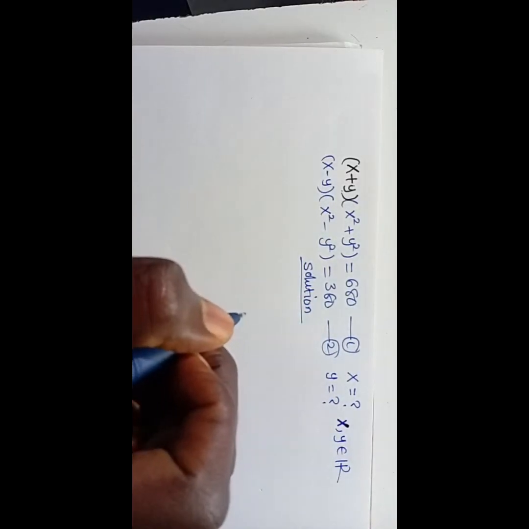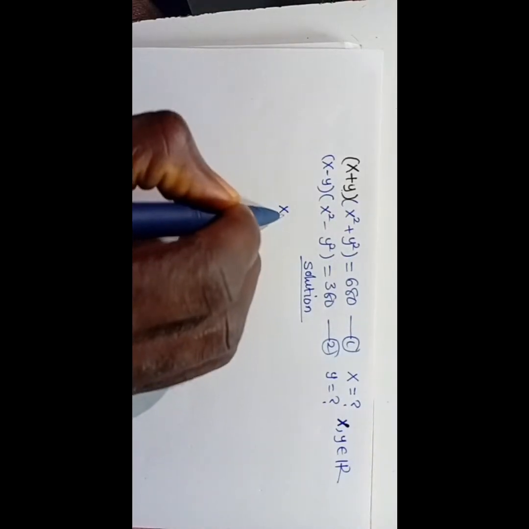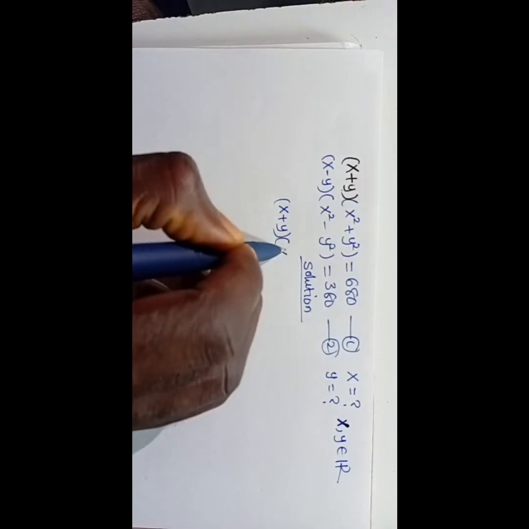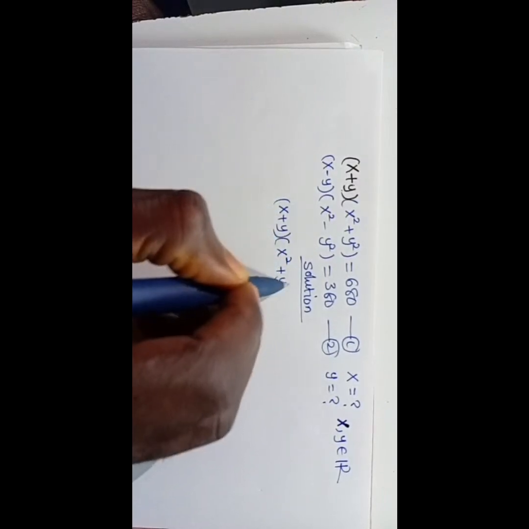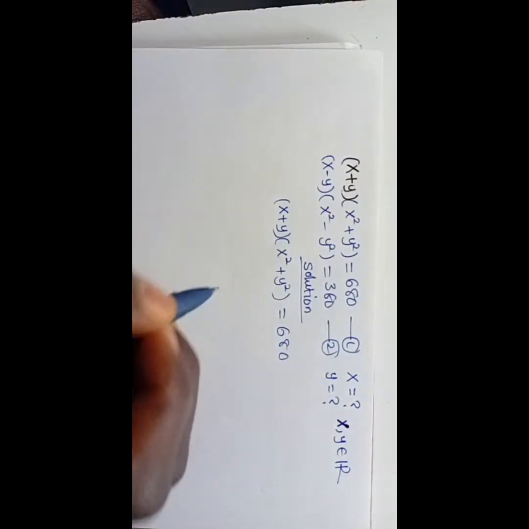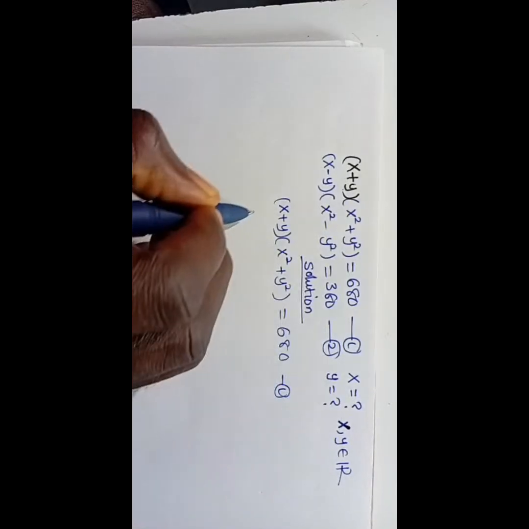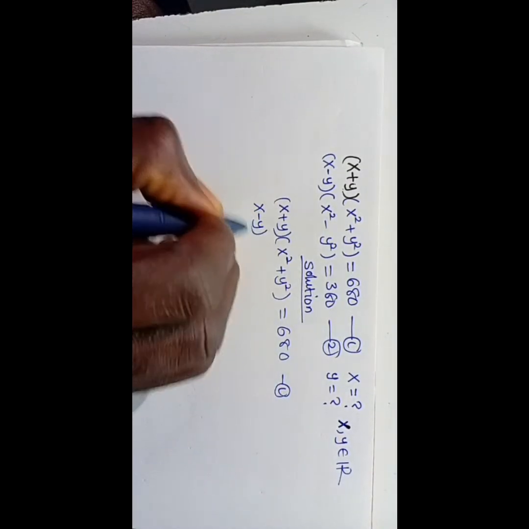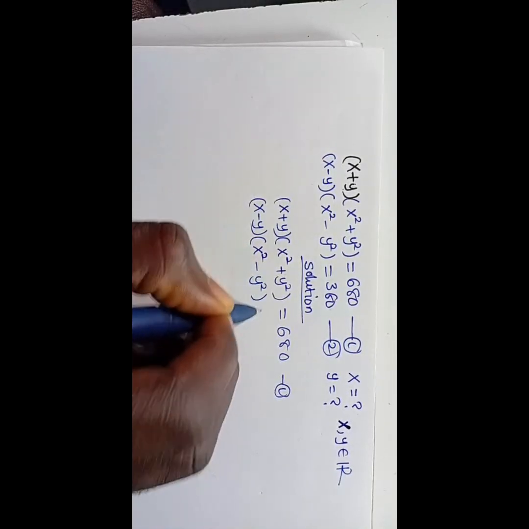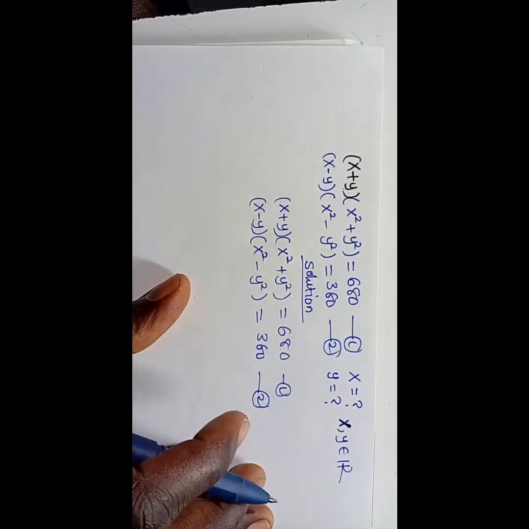So now we have (x + y)(x² + y²) = 680, as equation 1, and (x − y)(x² − y²) = 360, as equation 2.